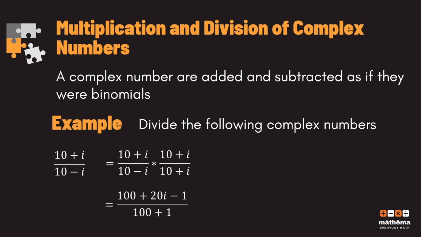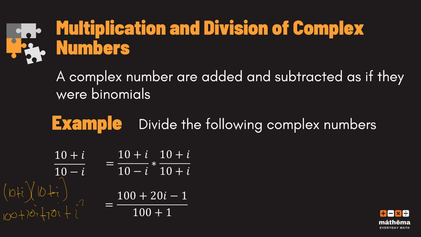So we are going to multiply. Let me do it here first. The quantity 10 plus i times the quantity 10 plus i. Using our FOIL method, this is actually what? 100, and then plus 10i plus 10i plus i squared.